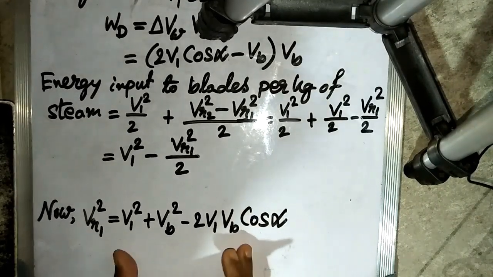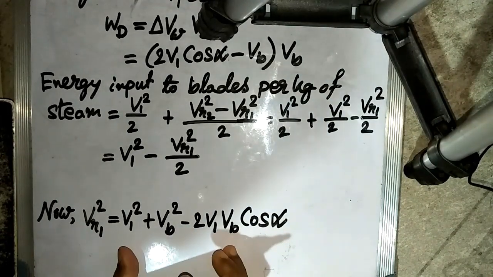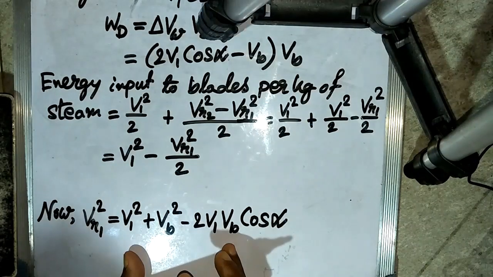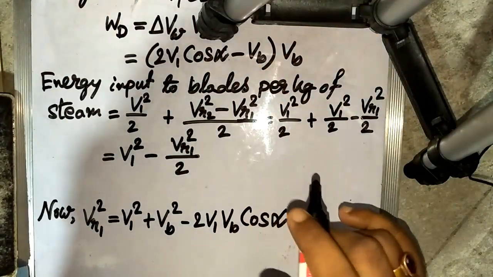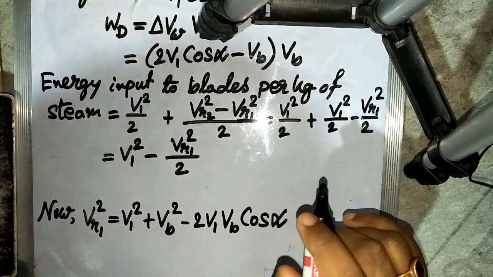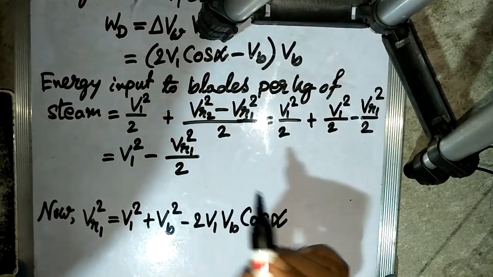This comes from the inlet velocity triangle, by using the vector triangle law.